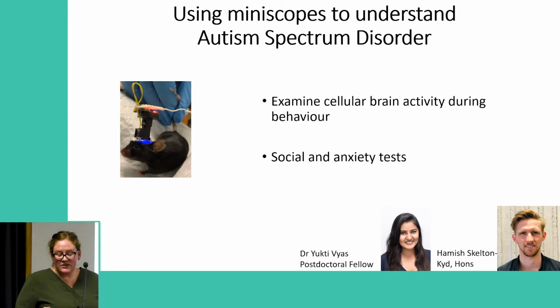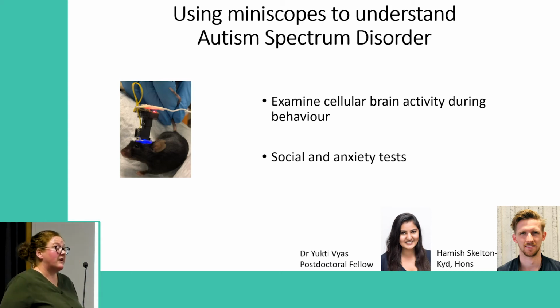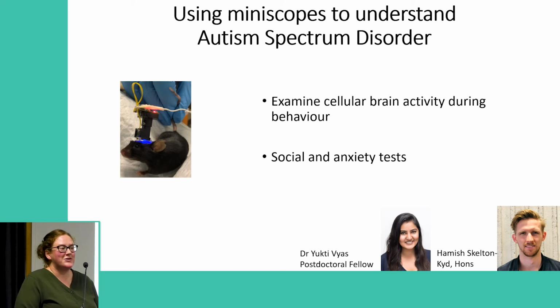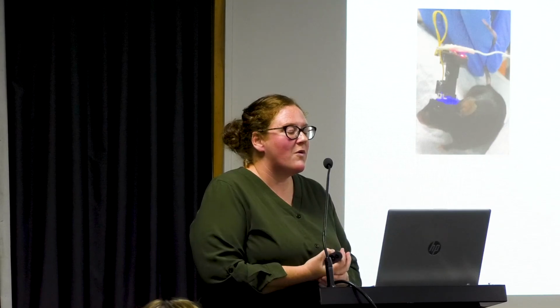So now we're just really in the process of getting data with these Miniscopes. So Hamish, who's doing his honours with us this year, and it's been a pretty difficult year for honours students in the lab, but they have actually managed to have some time in the lab and get these experiments going. So he is using these Miniscopes in this mouse model of autism spectrum disorder, which I've talked about before.